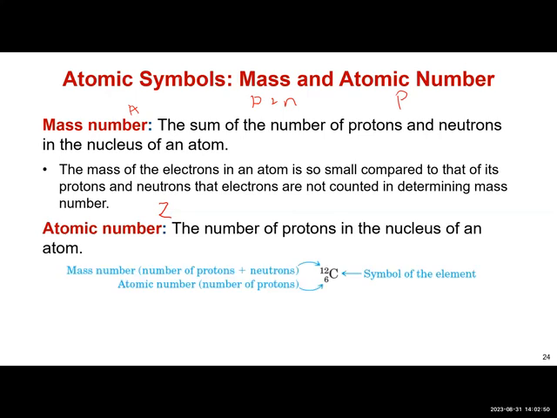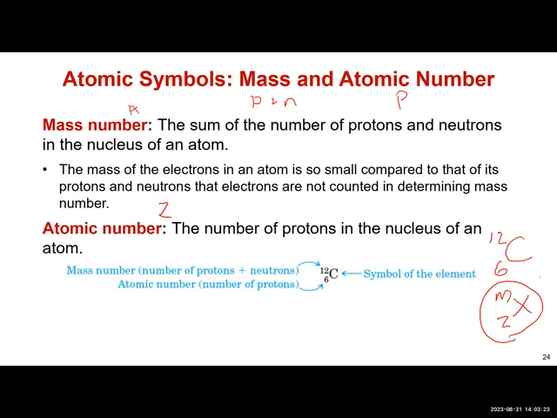When you write an atomic symbol for carbon, you write carbon. Atomic number is written in the subscript. When you have any element, you write down the mass number here and the Z number here. That is for any given atom.